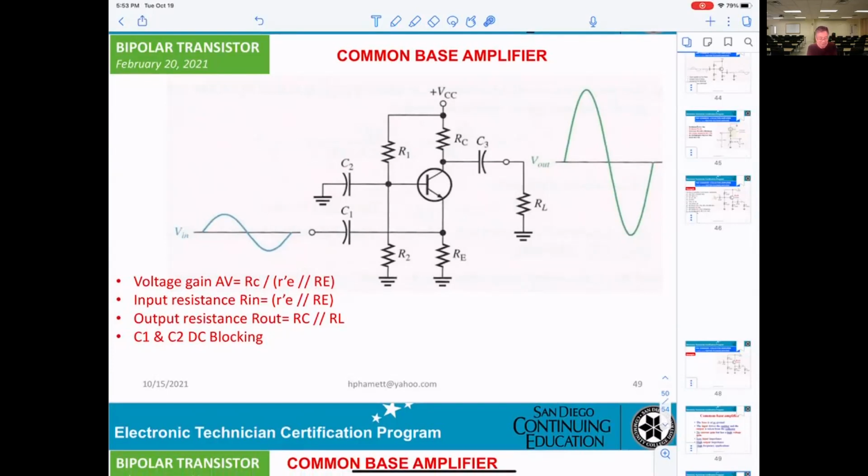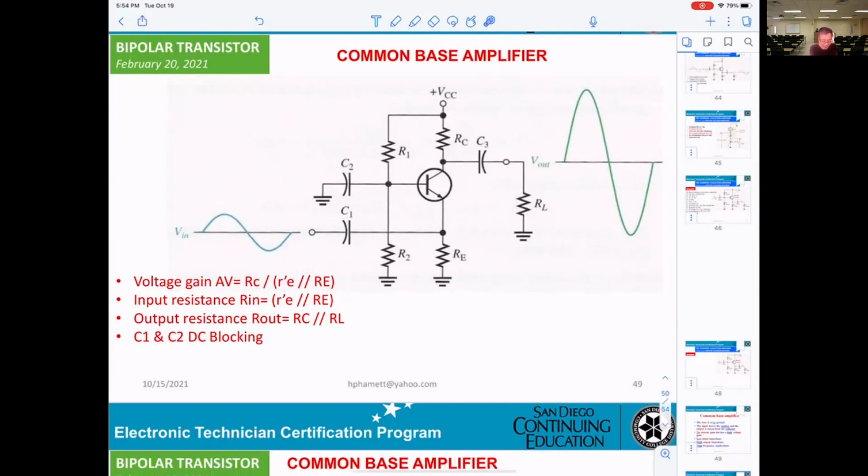So when you look at the schematic, in order to know it is a common base, you must always know where the input is applied and where the output is taken.